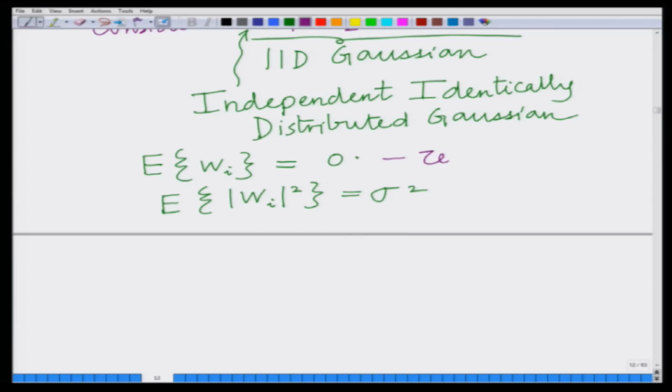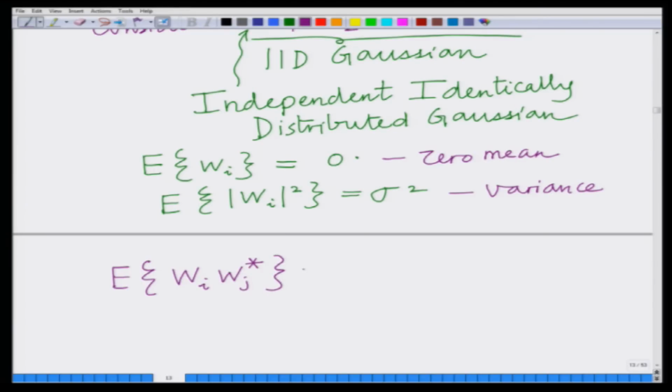So, this is the 0 mean, this is the variance or noise power. Further, we also assumed that the noise samples are independent, that is they are uncorrelated.